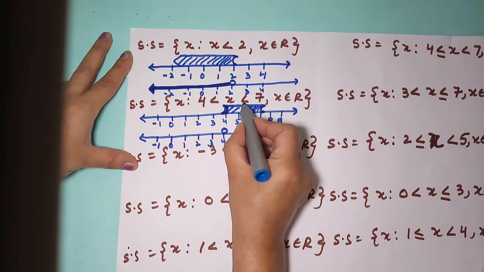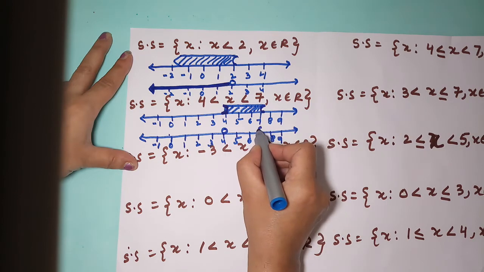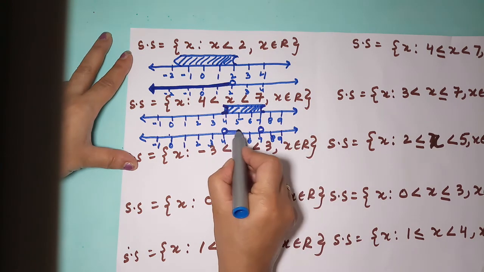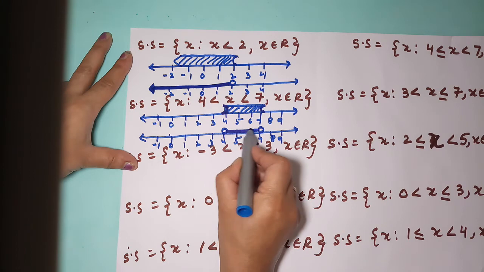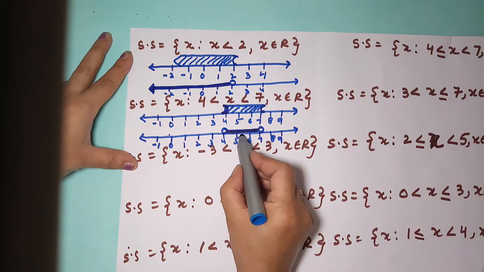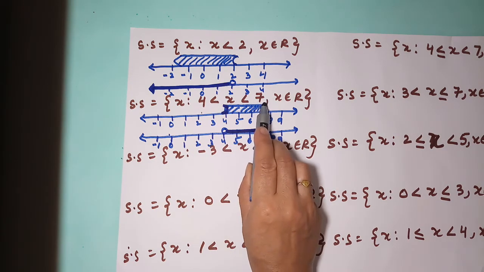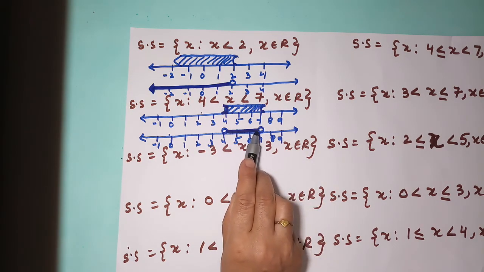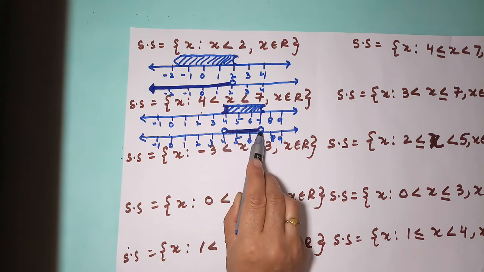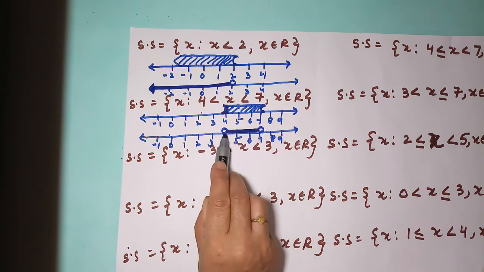Go to 7, no equality sign here, a simple circle, and then darken this portion between the two circles. It means that this includes all the real numbers between 4 and 7, 4 and 7 not included, right? When you are placing these open circles here, not the darkened ones.